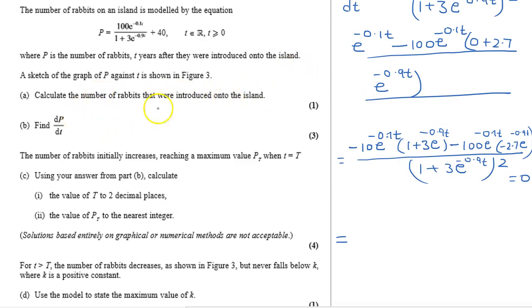For dP over dt, we take e to the power minus 0.1t common, and this will be, let me make a little shortcut here, negative 10 plus 240 e to the power minus 0.9t, which is equal to 0.